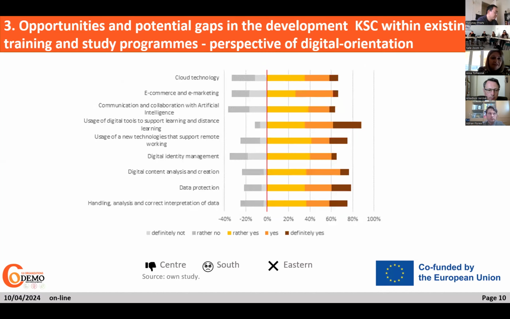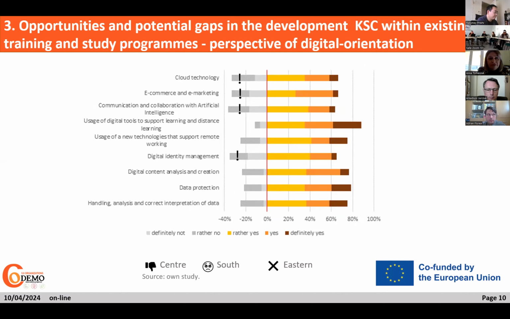When we analyze the second dimension, here we also can observe that 4 factors should be improved. There is cloud technology, e-commerce and e-marketing, communication and collaboration with artificial intelligence, and digital identity management.